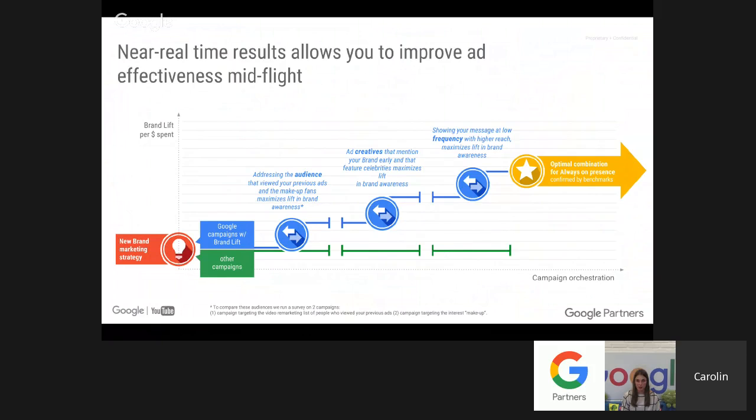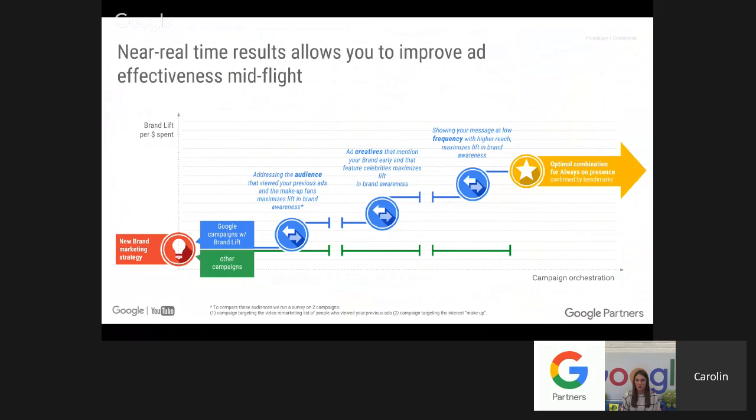So we started the third flight. Now we actually saw that one impression is enough to really move people because our brand is really visible. It doesn't need 2 ads to really move them in brand awareness. So we lowered frequency, and by lowering frequency, we were able to reach more people with the same money. At the end, after those 3 flights and 3 adjustments we made over time, we had the optimal combination for an always-on presence.